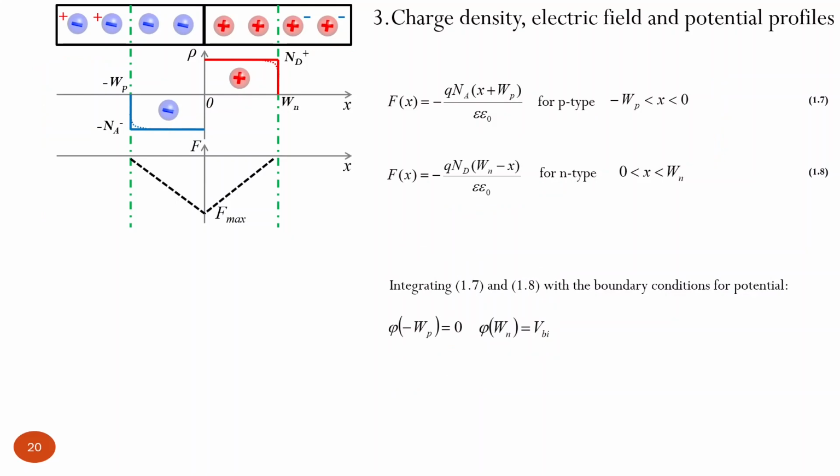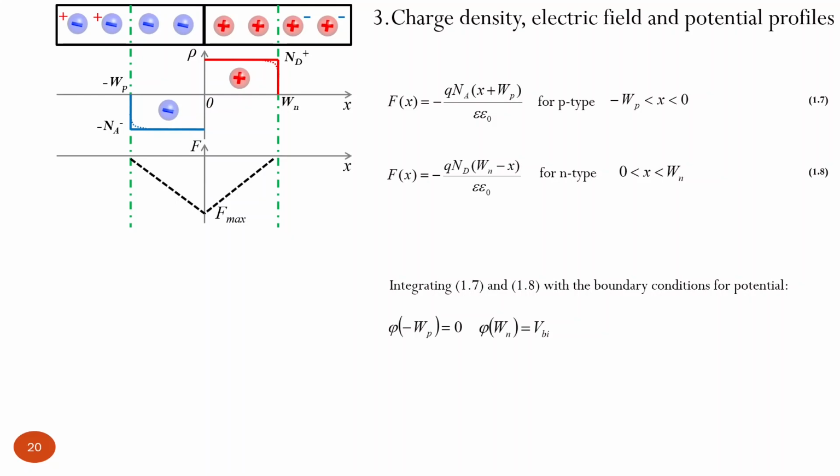And now, obviously, when we have the electrostatic field distribution inside the depletion region, we want to make the next step and determine electrostatic potential distribution. We can do this because obviously there is a relationship between electric field and electrostatic potential.